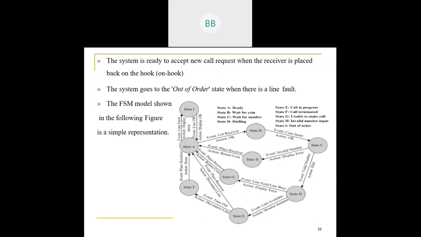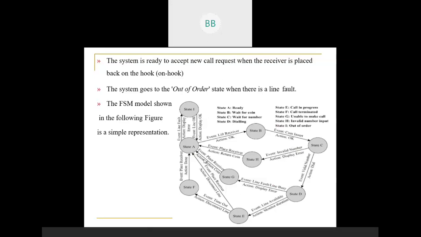State B is wait for a coin. State C is wait for a number. State D, dialing. State E, call in progress. State F, call terminated. State G, unable to make call. State H, invalid number input. State I, out of order.